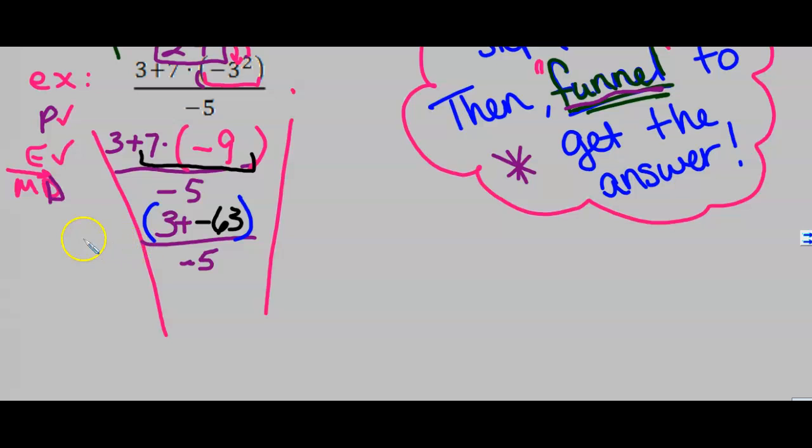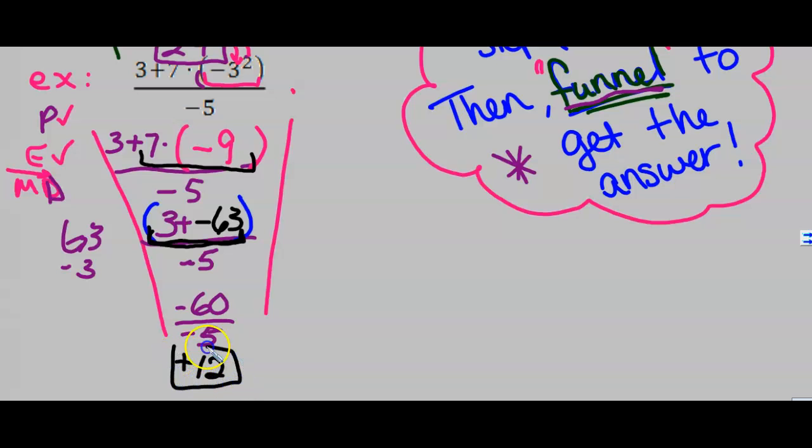Different signs, we take the difference. 63 minus 3 is going to give us 60. We have more negatives than we have positives, so this is going to be negative 60 over negative 5. That's the step we did right there, and we got negative 60. So negative 60 divided by negative 5, a negative divided by a negative is a positive, and we get 12.